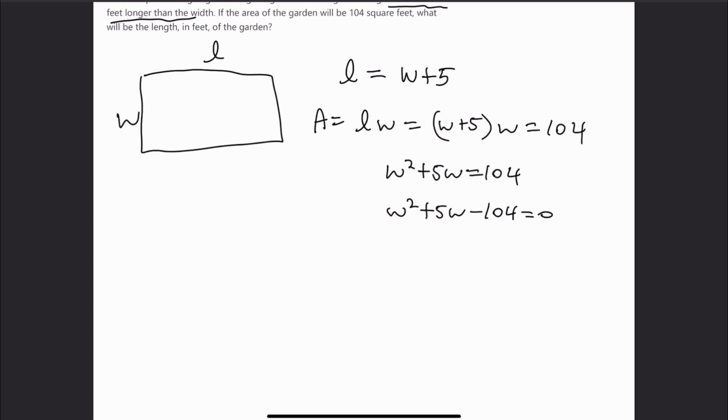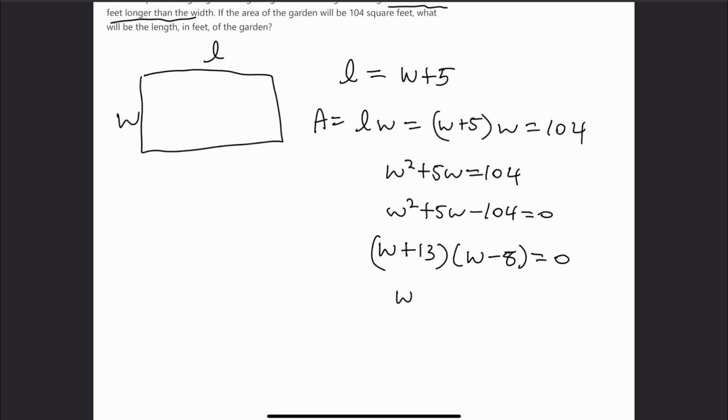And if you do it, you get (w + 13)(w - 8) equals 0. Yeah, this will take some time, but if you list all the possibilities, this will be the only one available. You could also use a calculator or the quadratic formula if you want.